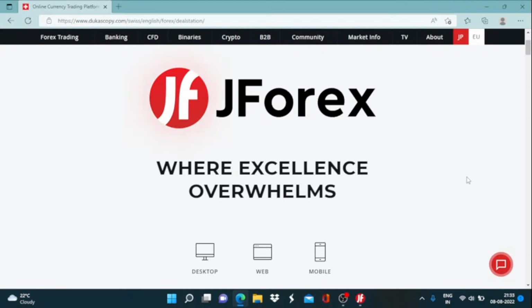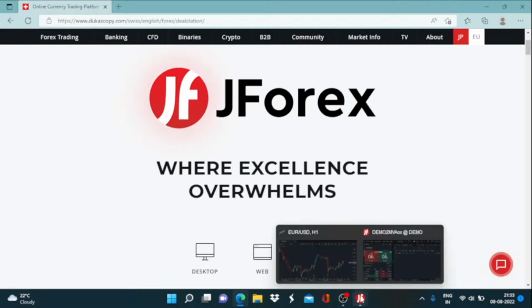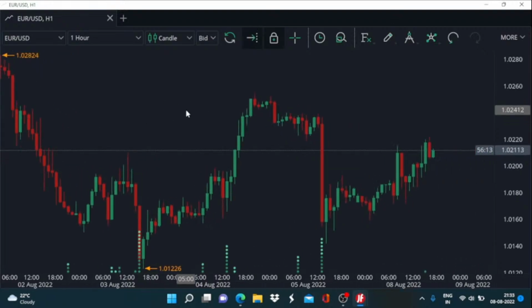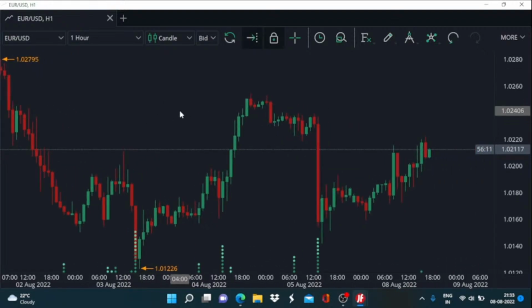So we will see both sides of this indicator, and we will see what kind of formulations might work best for us on the JForex platform. So now let us head to the JForex 4, which is the newly launched trading platform from Dukascopy Bank SA. It is an excellent trading platform, and you should check it out.